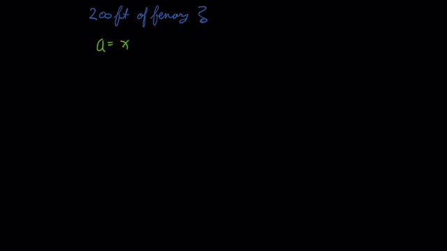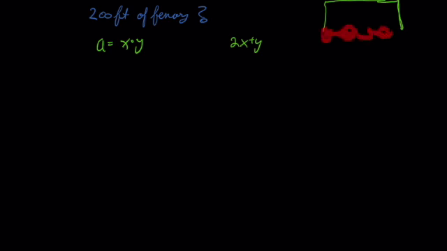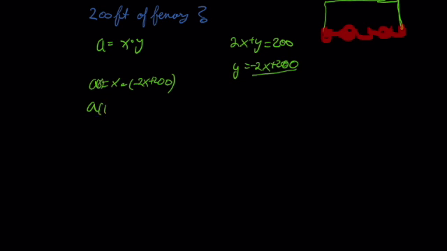That's going to be the fencing around my garden, except there's a stone wall over here, right? This is a stone wall. And that equals 200. That means y equals negative 2x plus 200. And we want to get area just in terms of x, so I have area equals x, and I'm substituting for y, negative 2x plus 200. So I get that the area of x, because now it's just defined in x, is negative 2x squared plus 200x.